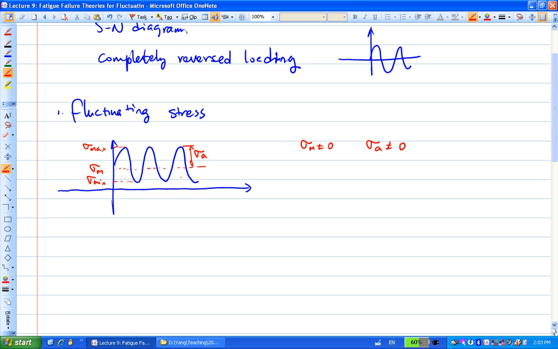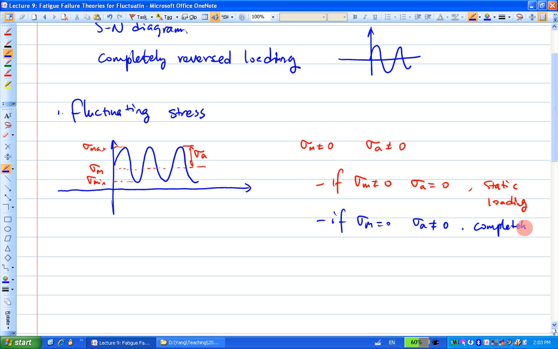What did we learn before fatigue? Static, right? So if sigma m is not 0 but sigma A is 0, this is basically a static loading. And if sigma m is 0 but sigma A is not 0, this is a completely reversed loading condition.